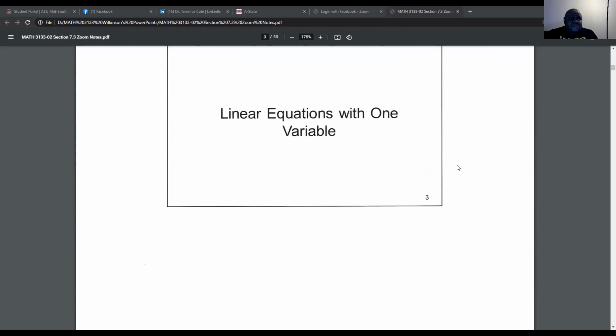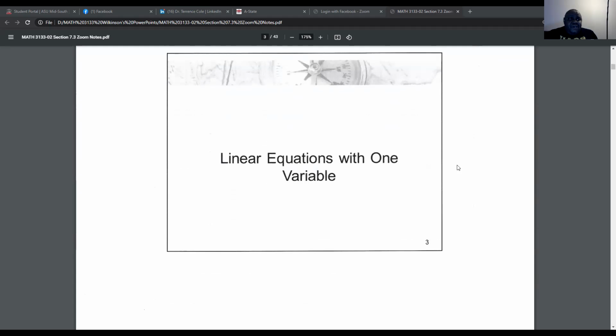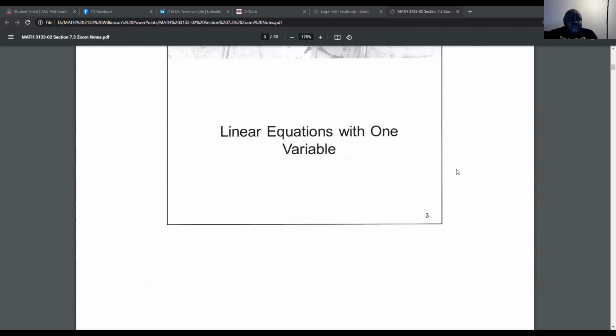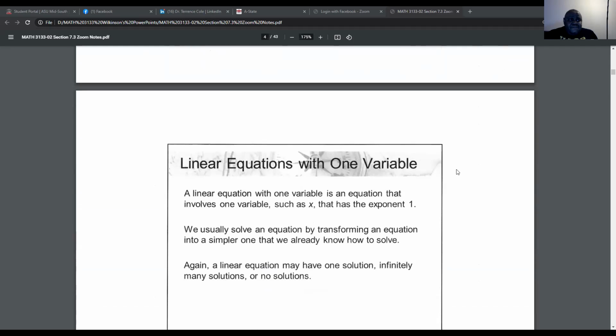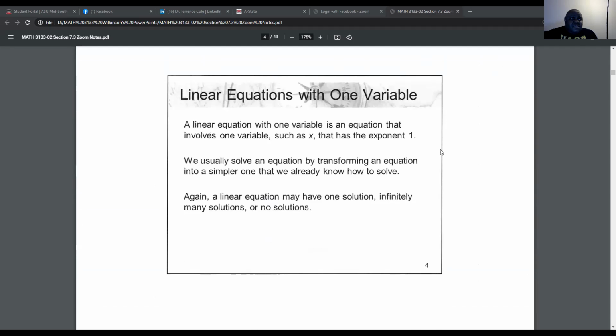Okay. So we'll start with the linear equations with one variable. Of course, a linear equation with one variable is an equation that involves one variable, such as x, that has an exponent of 1.